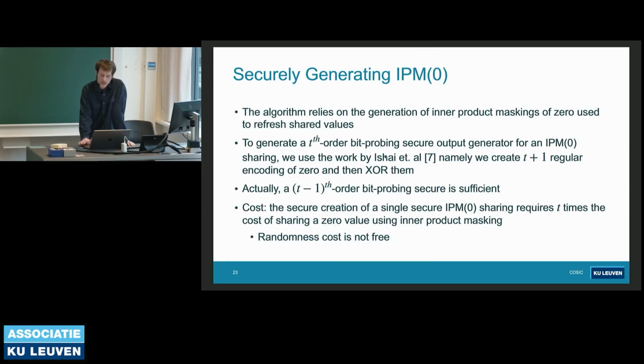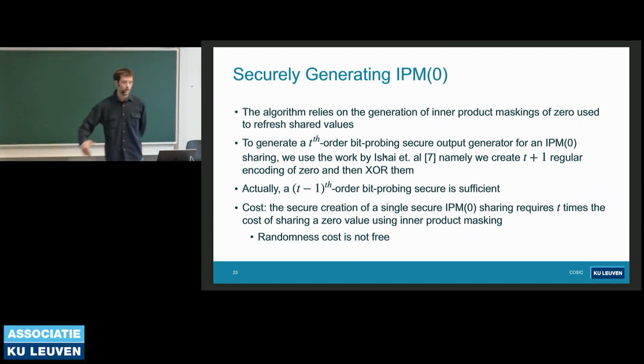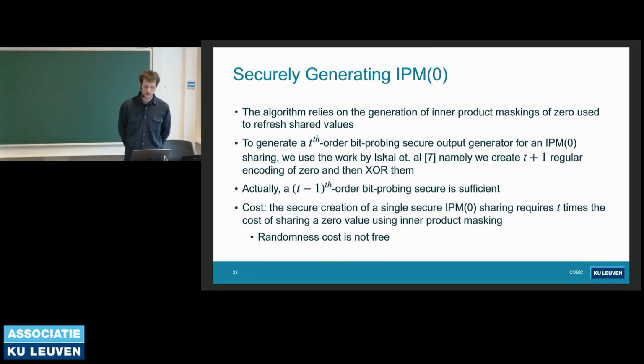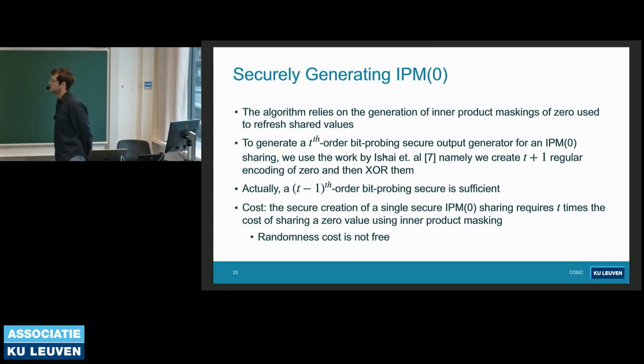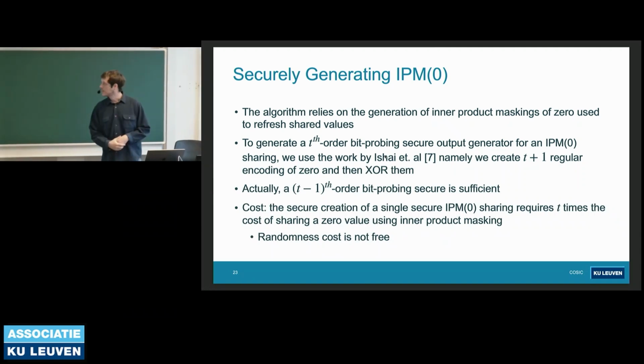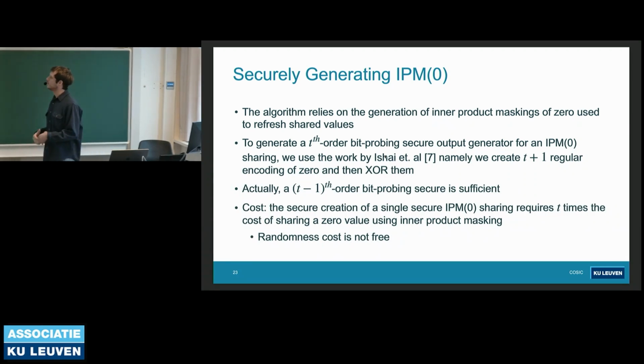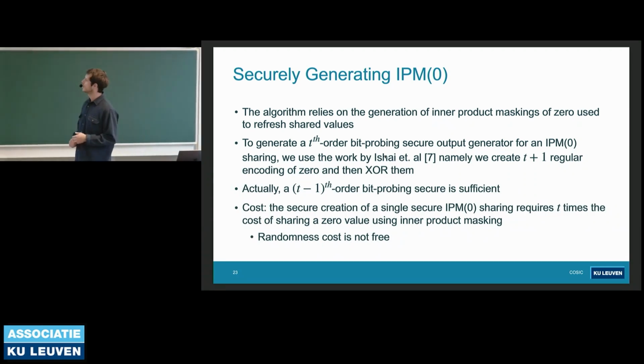I mentioned this IPM0. You saw that our algorithm relies on the generation of those inner product maskings of 0 to refresh the shared values. We use this quite a lot, but these gadgets need to be t-SNI bit probing secure as well. To make a generator for this randomness, we use the work by Ishai et al.